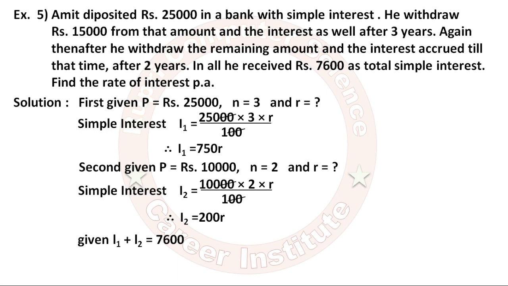Therefore, 750 R plus 200 R is equal to 7,600. Now 750 and 200 make 950. Therefore, 950 R is equal to 7,600.